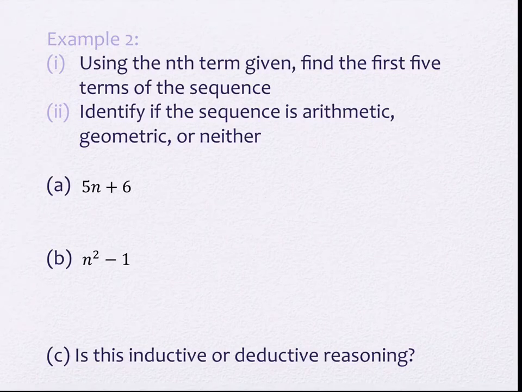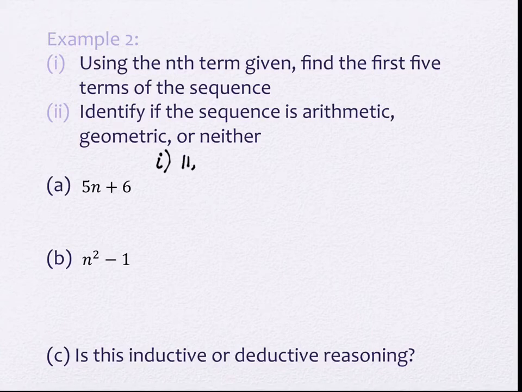And we're asked to find the first 5 terms, and we're asked to decide if the sequence is geometric or arithmetic or neither. So we're actually going to put in n equal to 1, n equal to 2, n equal to 3, and so on to find what the sequence actually is. So to start with, if n is equal to 1, I have 5 times 1, which is 5, plus 6 is 11.